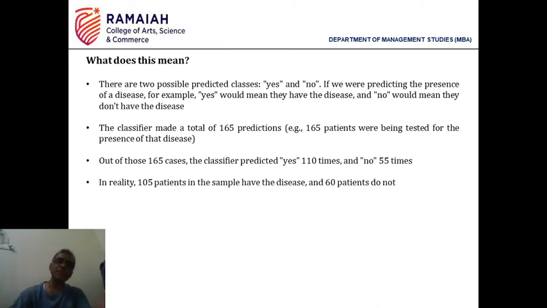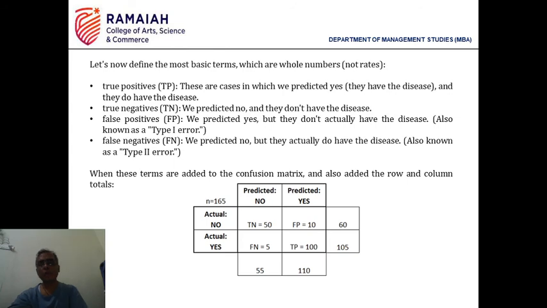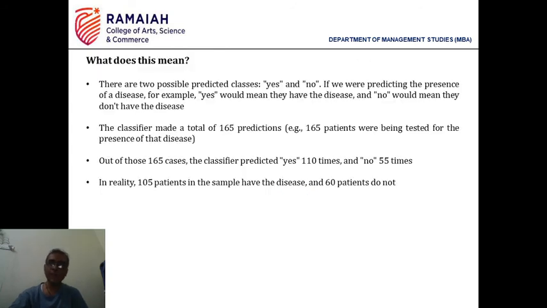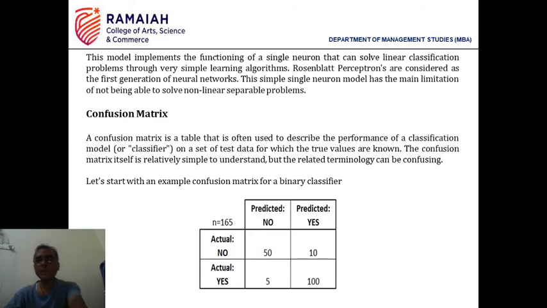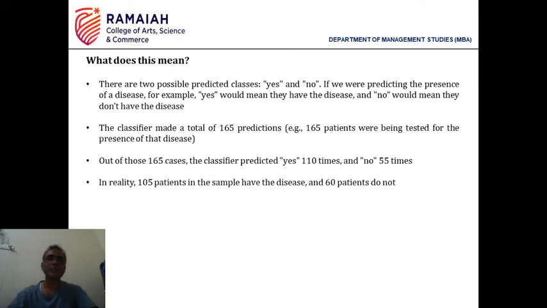Out of these 165, the classifier predicted yes 110 times and no 55 times. In reality, 105 patients in the sample have the disease and 60 patients do not. Looking at the actual no row, 50 plus 10 equals 60. Actual yes is 5 plus 100, which is 105. That's exactly what is shown here.